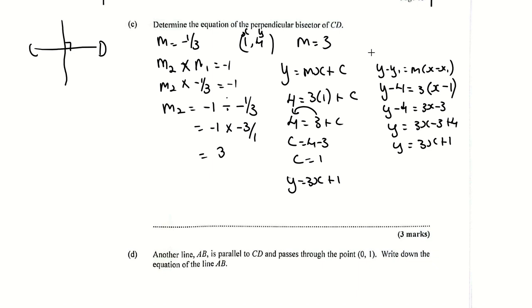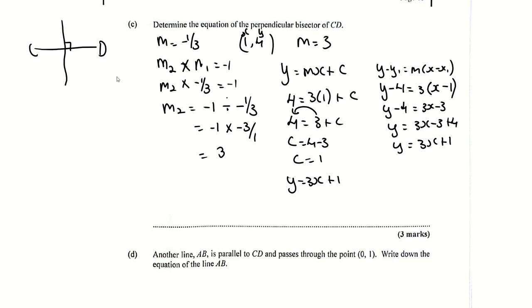Or if you want it one time, you can use this formula y minus y1 = m times (x minus x1). The only reason I would not encourage, well, you can do it if you're good at remembering formulas, is that you already need to know that the equation of your line is always in the format y = mx + c. So because you already have that knowledge, you don't have to remember another formula. But it doesn't matter whichever one you do, just make sure that you do it carefully, right? You'll get the same answer at the end.